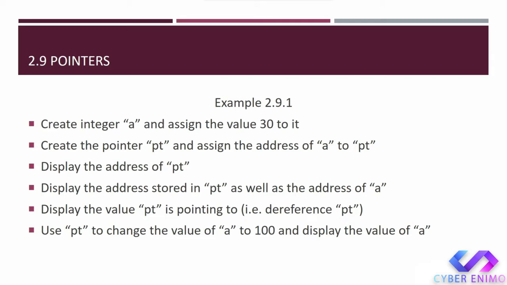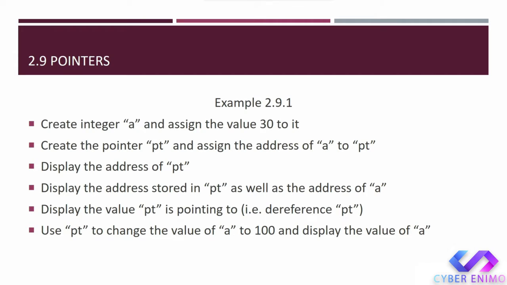Let's do an example now. This is example 2.9.1. In this example, let's create an integer called a, and let's assign the value 30. Then let's create a pointer pt, and let's assign it the address of a. Then let's display the address of pt, not the address stored in pt, but rather the address of pt itself.